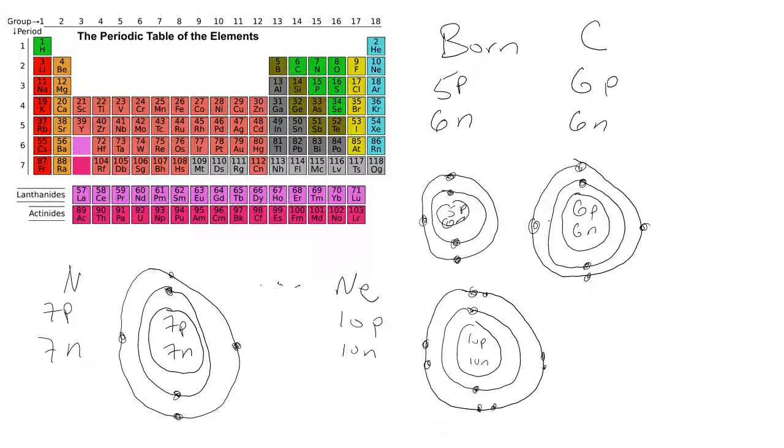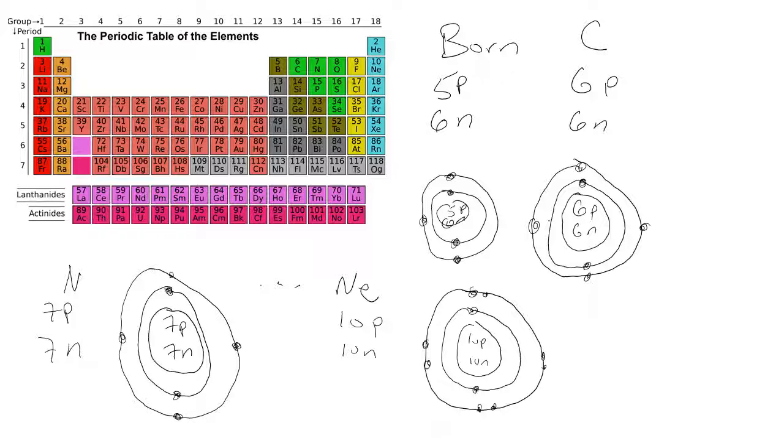Okay, so at this point, I'm going to explain how to do the Lewis dot structures. My video is getting a little bit longer, so I'll do this as quickly as I can. Neon here has the maximum number of electrons allowed in this outer orbital, which is 8.